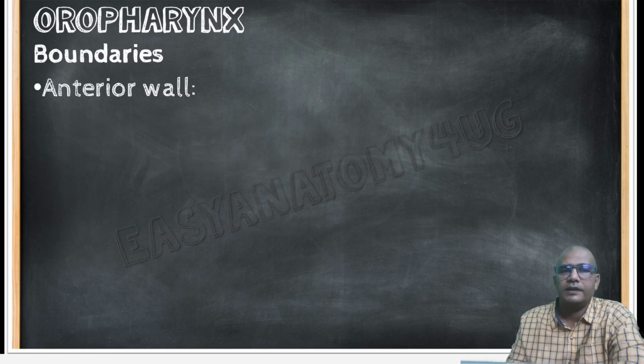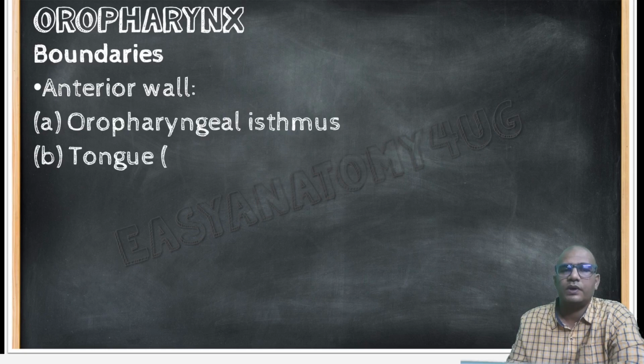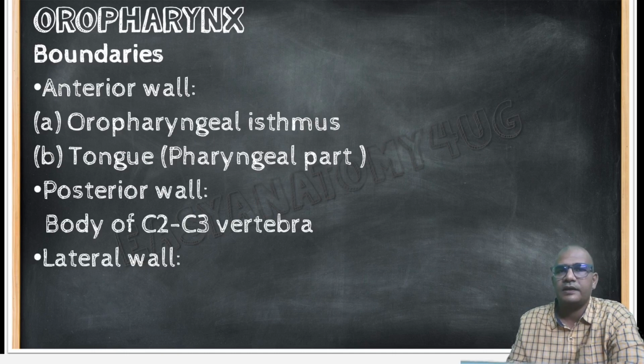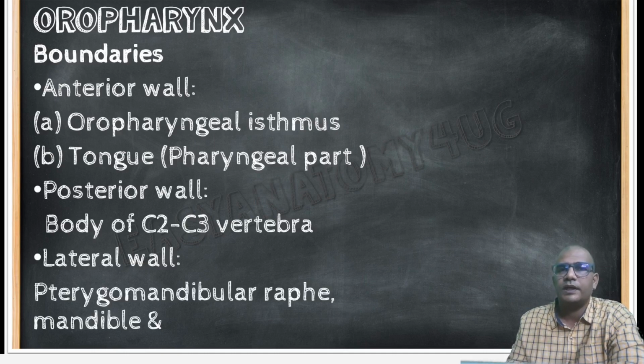Oropharynx, anteriorly, communicates with the oral cavity through the oropharyngeal isthmus, and there will be pharyngeal part of tongue anteriorly. Posteriorly, it is related to the body of C2 and C3 vertebra, and laterally it is related to the pterygomandibular raphe and hyoid bone. So the hyoid bone is a C-shaped bone. The two cornu of the hyoid bone will be placed on each side of the pharynx.